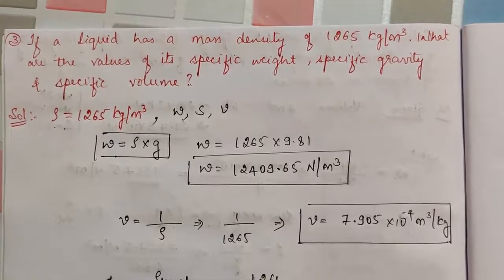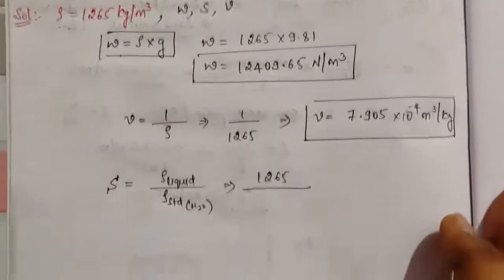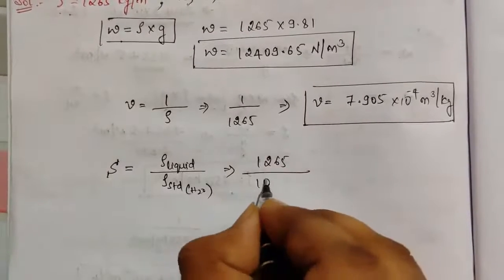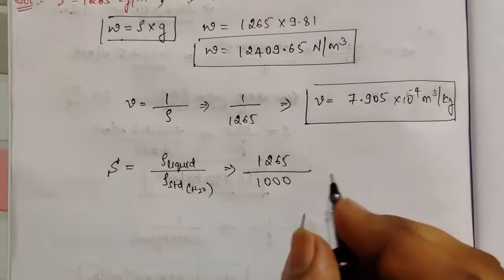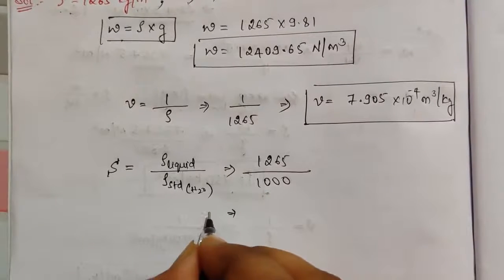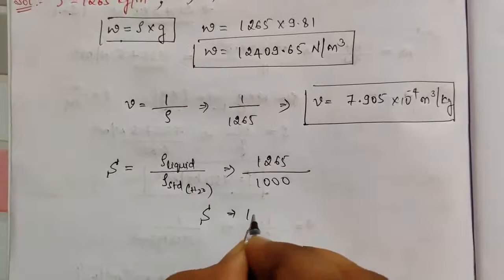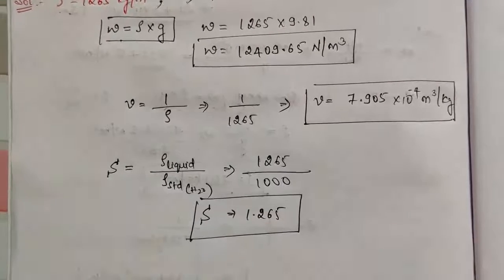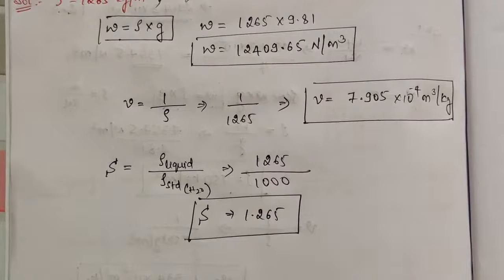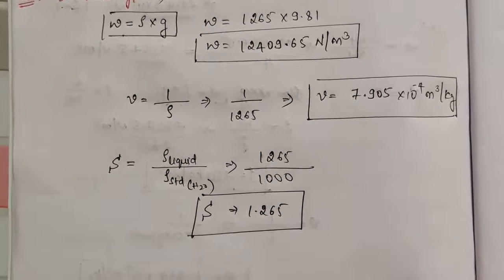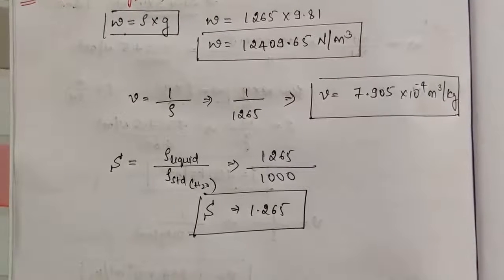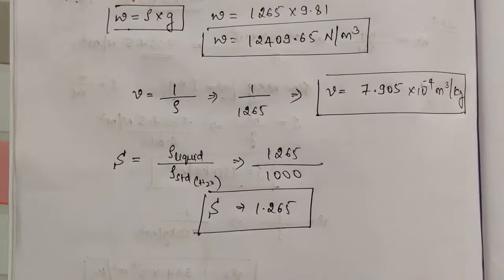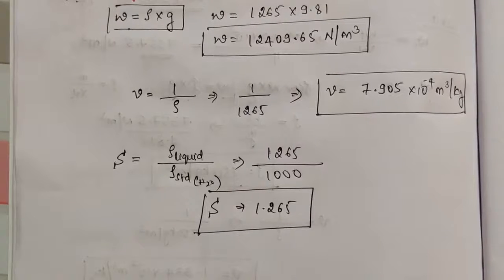Then the density of water is 1000. So when I divide, what will I get? Specific gravity is 1.265, and it is a dimensionless quantity. Easy, right? Now next I will go to another problem.